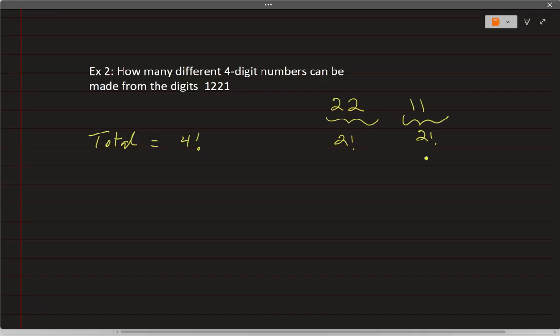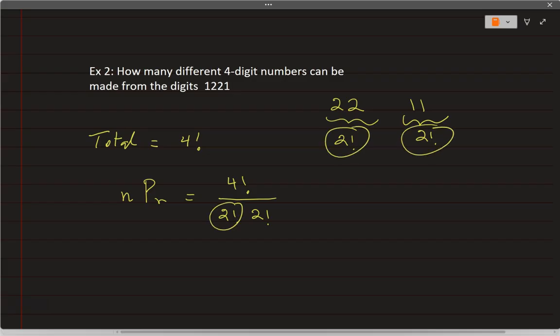In this case, the permutation will be 4 factorial on top, divided by 2 factorial and the other 2 factorial being multiplied. One is in here, the other one is in there.